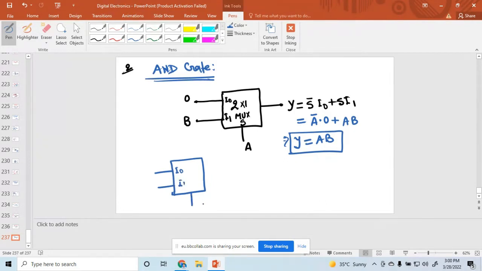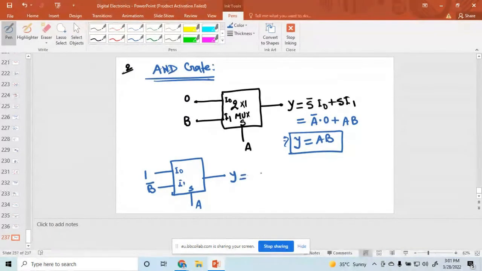Suppose this selection line is A, and here I am drawing the output that is equal to Y. And this input is just for the NAND gate, just inverted. This value is 1, and this input is B bar. So what is the output here?